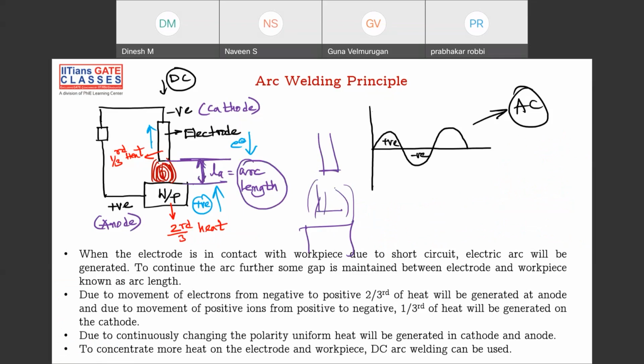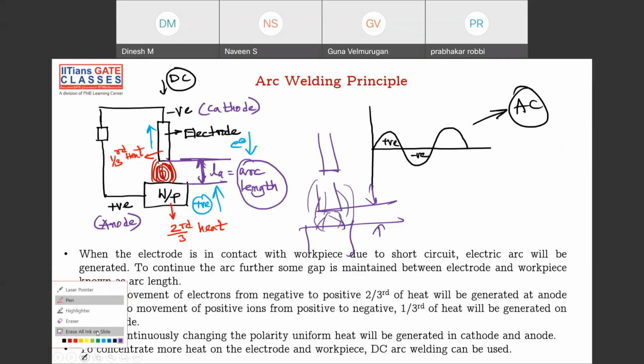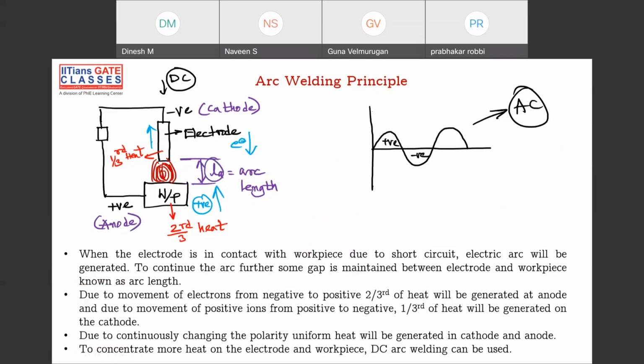It has to have some optimum gap, so that the ionized gases will keep on sustaining, right? So that is known as arc length LA. And please remember, this arc length LA is very important, because voltage is directly proportional to this LA. Whatever the voltage that you're trying to provide is directly proportional to this LA. Okay, fine.